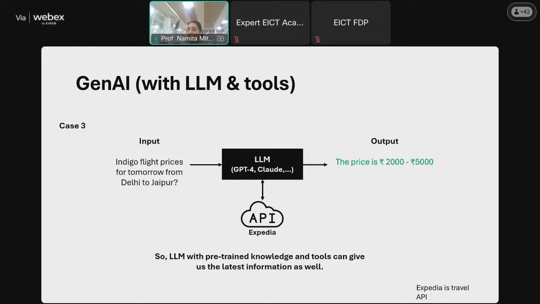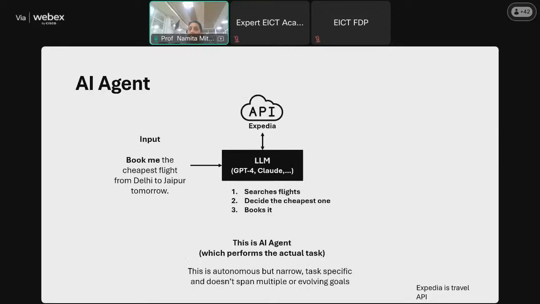And this is how it is answering the prices from 2000 to 5000. It's not correct, but it is this. So Expedia is what? It is a travel API, which is helping LLM. So from the external sources, we are getting this information. It's a RAG.